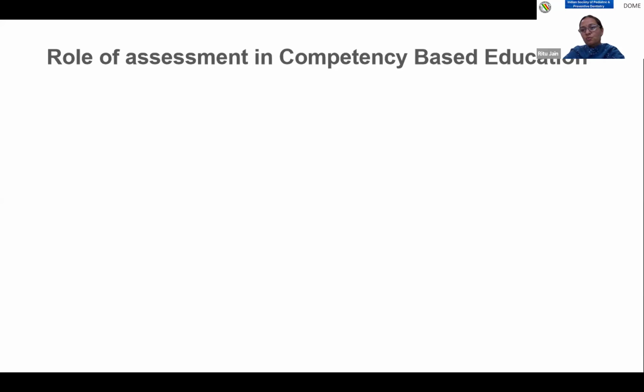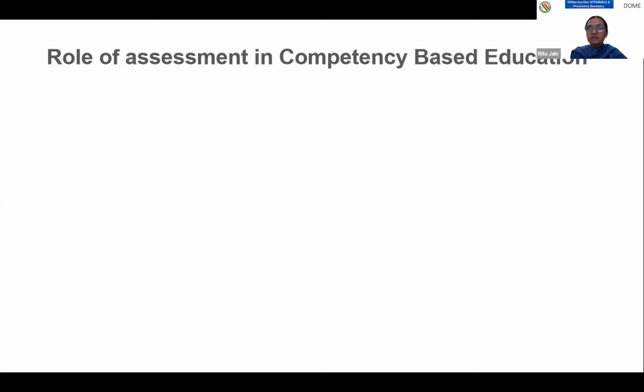Okay, very good. So many of you have a fair idea about how assessment is going to change with competency-based education. Competency-based education is basically deriving evidence of whether the student has attained the competencies which are desired for the undergraduate level. So that means with every assessment, we need to generate evidence of the level of competence of the student.